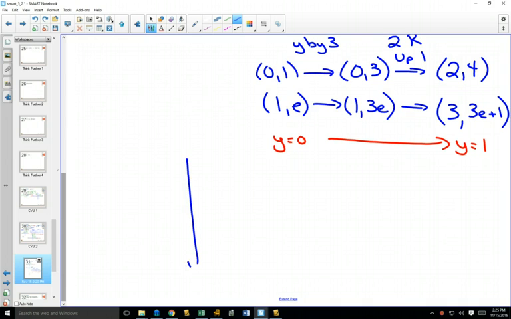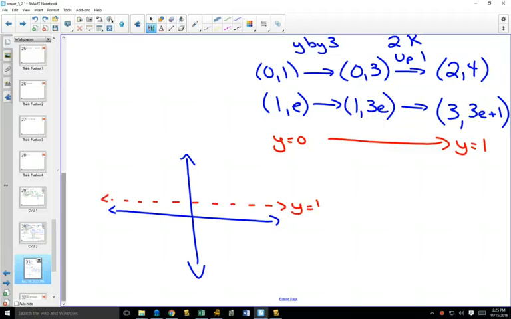So then when we go to do our final graph, you can start with your asymptote at y equals 1. Plot your points: 2, 4 and 3, 3e plus 1.